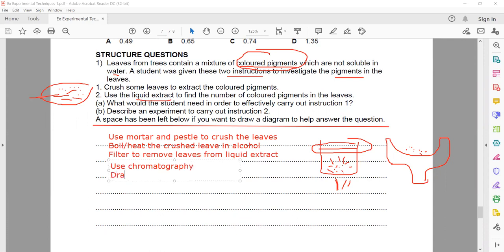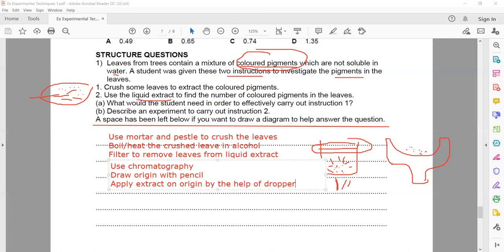Draw the origin with pencil, apply the extract on the origin, and we can use a dropper for that. And it is better you mention many apparatus in your explanation, so that it shows that you understand the concept.